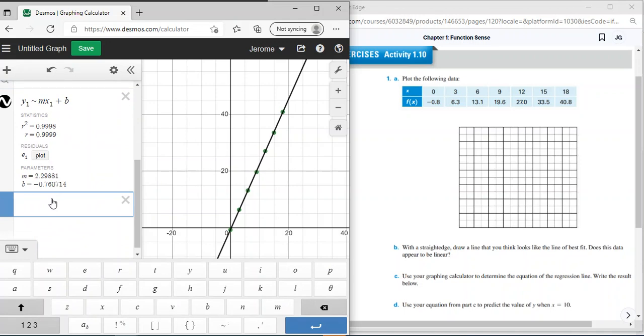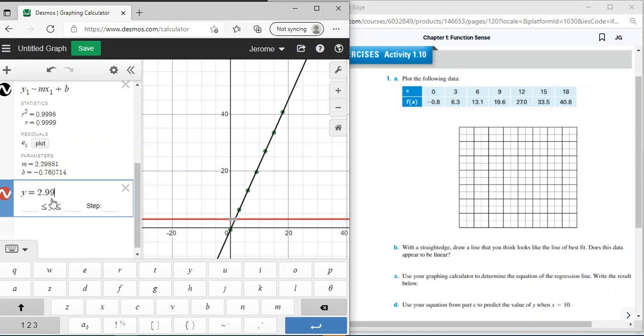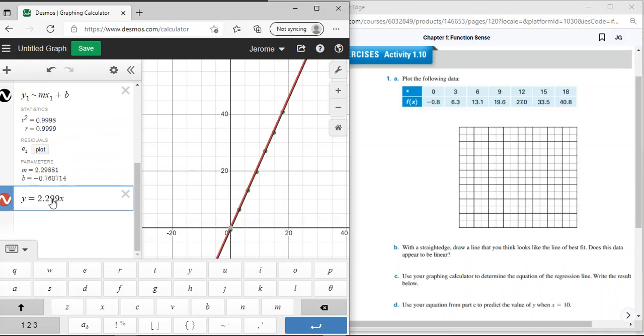If you want to make this a little easier for you, you could type in y is equal to 2.299x minus 0.761. Okay, now you see this here.